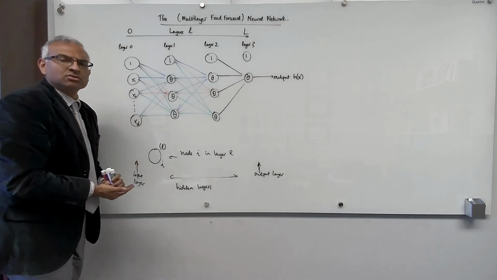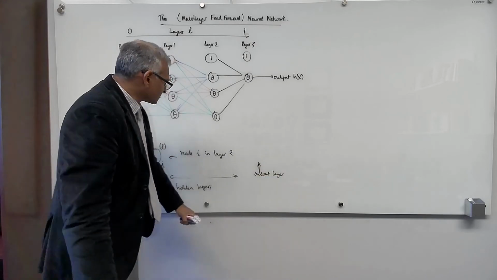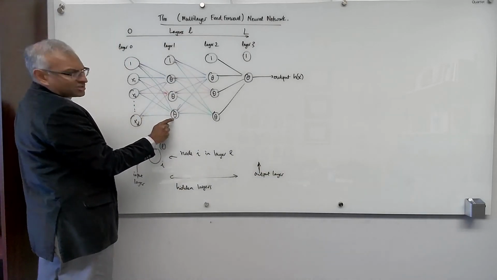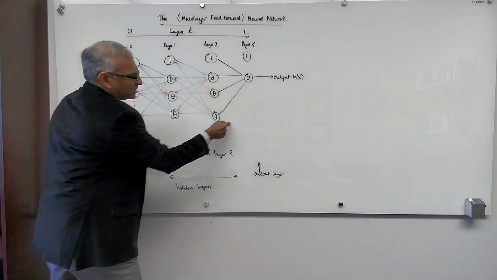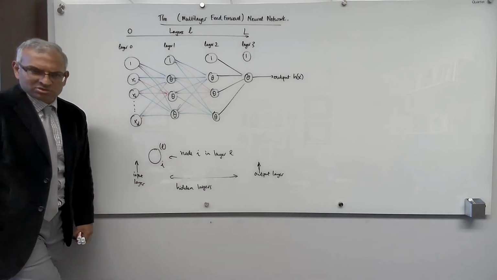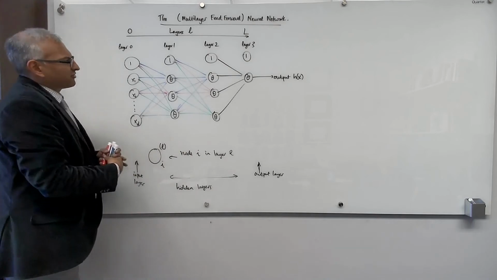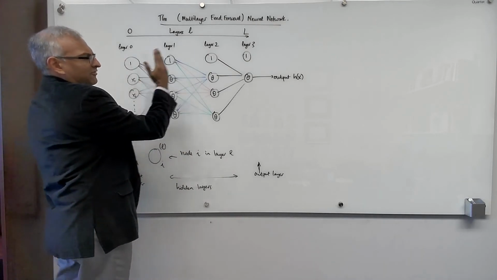That would become a recurrent neural network, much more complicated, not within the scope of this course. Now, in theory, you could still remain feed forward and have the output of this layer feeding into the input of that layer, an edge going this way. We're not going to have those edges. Basically, if you think of this as a graph, and the edges had arrows, all the arrows would be pointing from left to right.